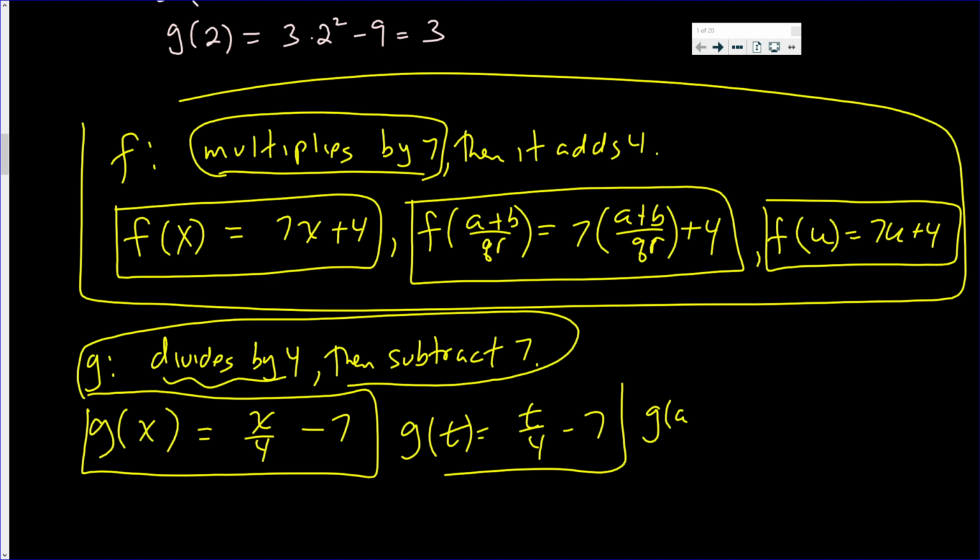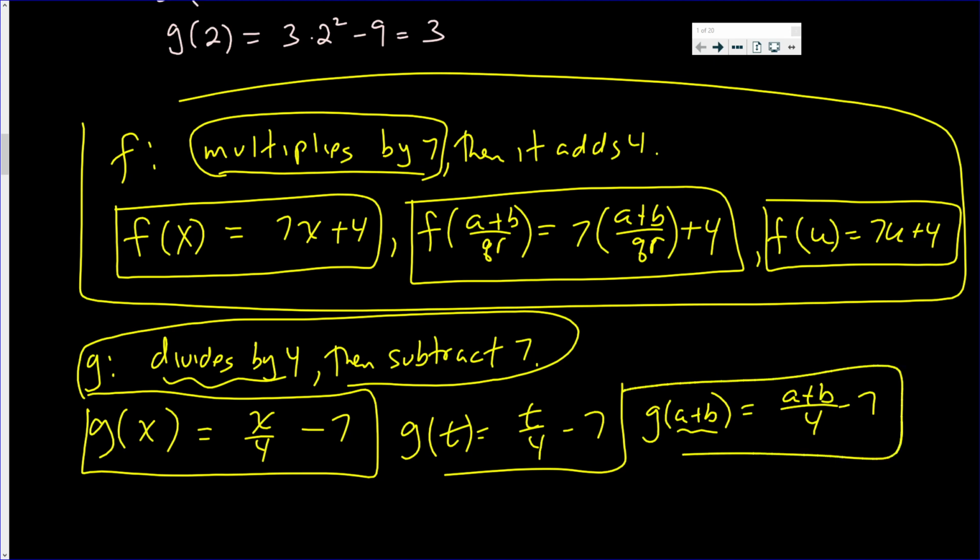If you want to look fancy, you can call what's in the brackets a plus b. Whatever inside, you divide it by 4 and take away 7. Those are 3 valid answers.